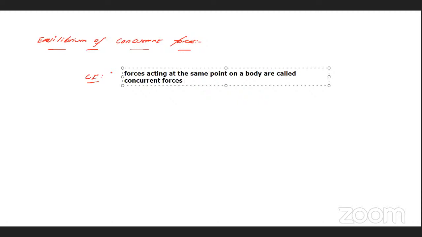There can be any number of forces, even one or two forces only. The number of forces acting on a body at the same point, the net force is zero. So I'll write it as the next point.